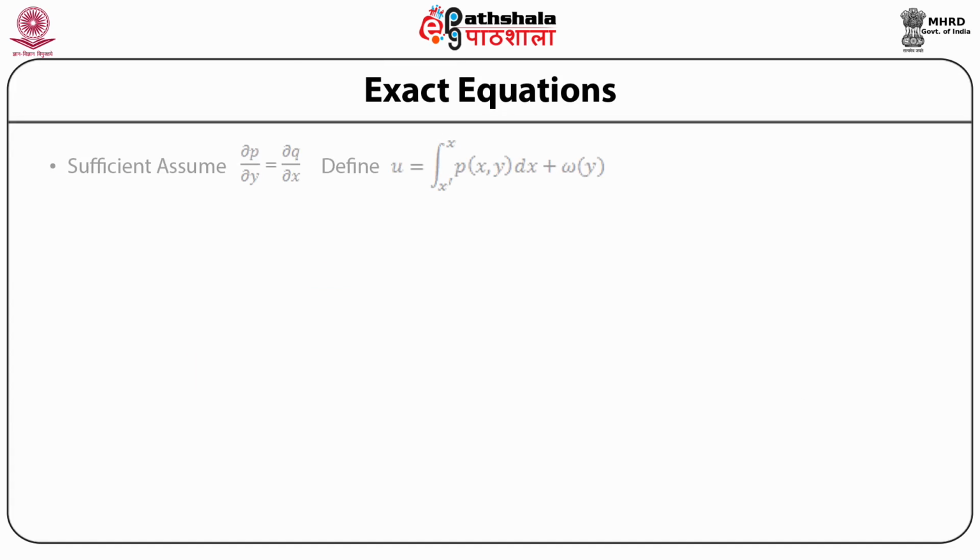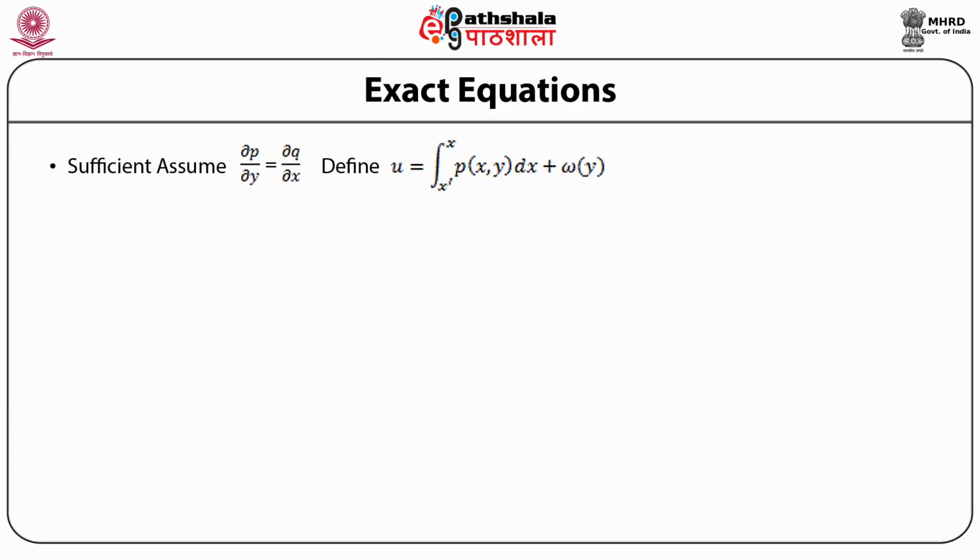Now to prove the sufficiency of the condition, we assume that equation del P by del y is equal to del Q by del x is satisfied. We define u equal to integral of P of x, y dx within the definite limits x prime to x plus w of y.